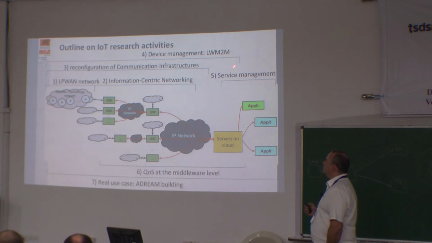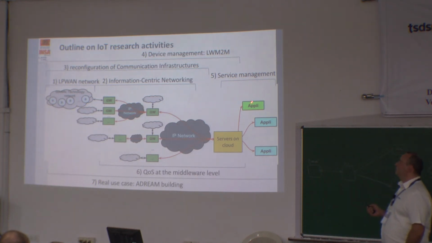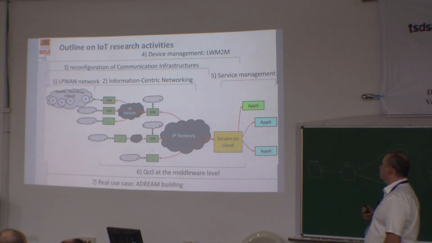And to do that, we also use device management. And finally, we try to make high-level services for users, made with a composition and use of services when we discover new services.